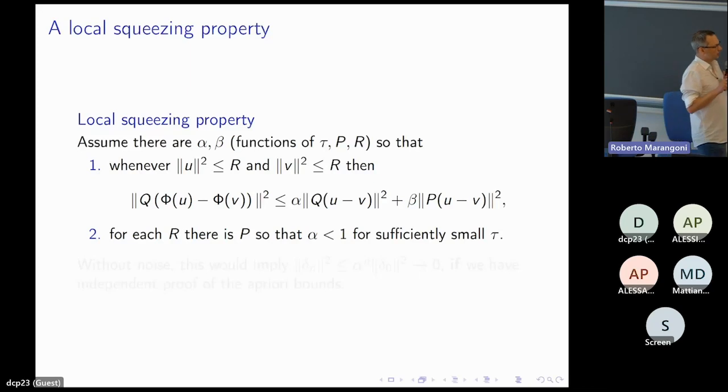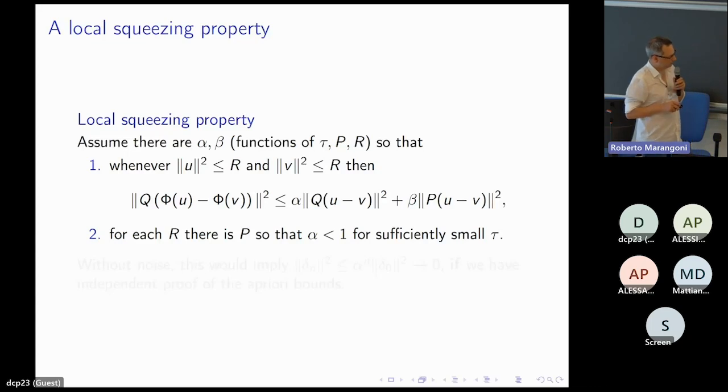Usually this will not hold globally. You will never be able to prove that you get alpha smaller than 1 everywhere. Usually what you have to cope with is that this is only true for U and V being smaller than some large bound R. So it only applies, so to speak, if U and V are in some bounded set.